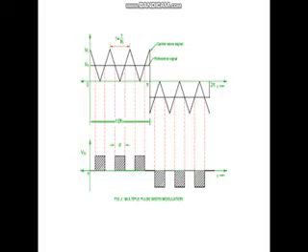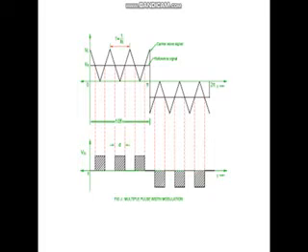One of the pulse width modulation techniques is multiple pulse width modulation. Multiple pulse width modulation means that for each and every cycle, multiple pulses are generated. In single pulse width modulation, only a single gate pulse is generated.